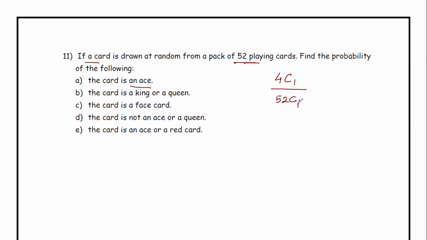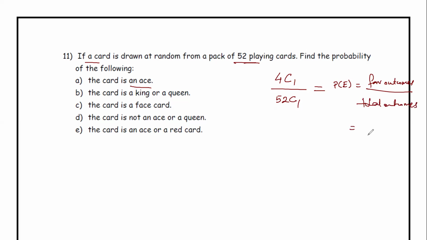Now, just for your understanding, I'll write it down. Probability of an event is favorable outcomes upon total outcomes. Got it?